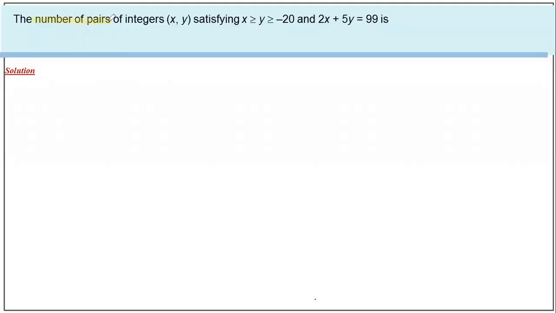The number of pairs of integers x and y satisfying x greater than equal to y and y greater than equal to minus 20 and 2x plus 5y equal to 99.